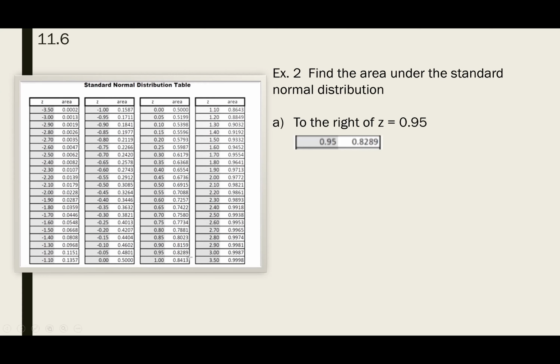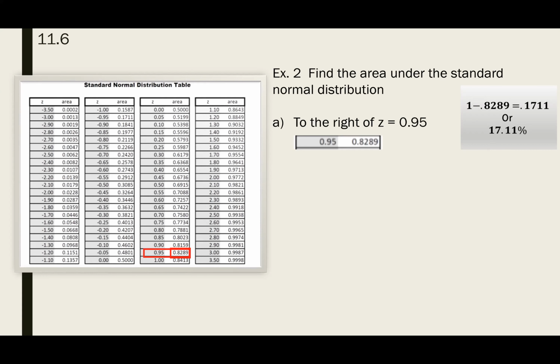Because we try to find the area to the right, I need to take 1 minus this number, whatever the area is, because the area they give us is only the area to the left. So to find the area to the right, I need to take 1 minus this area to the left. Yes, we always subtract from 1 because the total, the maximum area that you have, is 1. And because they ask us for the right, we need to subtract whatever the left side is.